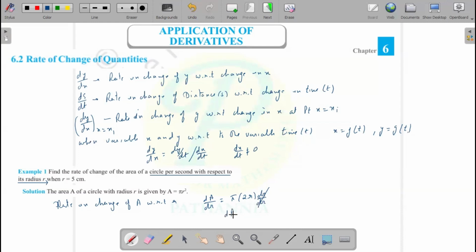Now he asks the rate of change in area of a circle with respect to the radius, and the last point, when your r is 5 centimeters. So therefore pi into 2 into 5 is 10 pi centimeter.